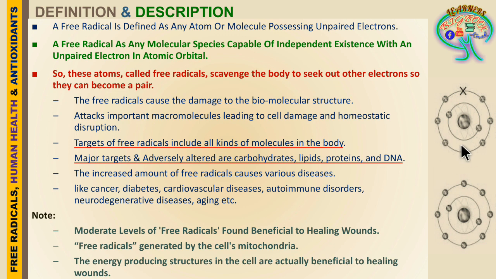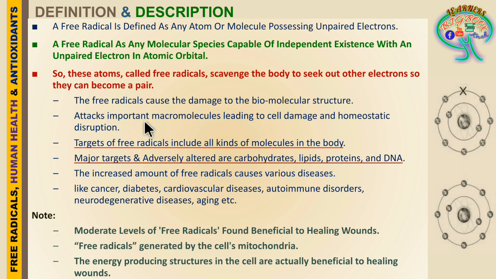These free radicals, because of their loss of an electron within their pair, are going to react with any biomolecular structure. It can be proteins, lipids, DNA, nitrogen bases, phosphorus, anything they can react with. Because of that, they get paired with the electrons of that particular biomolecular structure and damage the biomolecular structure.